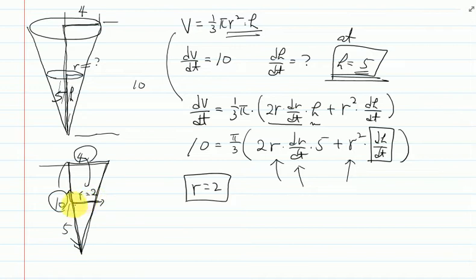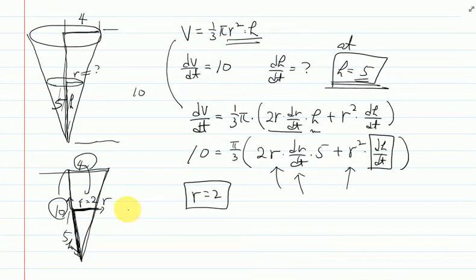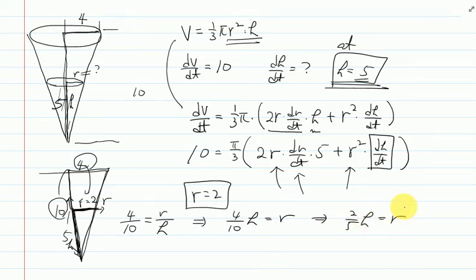No matter what the height is, the radius regarding that is r to h. So the ratio 4/10 equals r over h, which means 4/10 times h is r, or 2/5 h equals r. That's the relation between these two. So if we take the derivative again, dr/dt is 2/5 dh/dt.